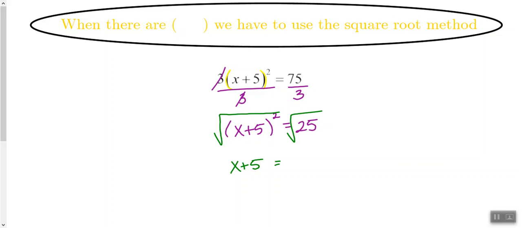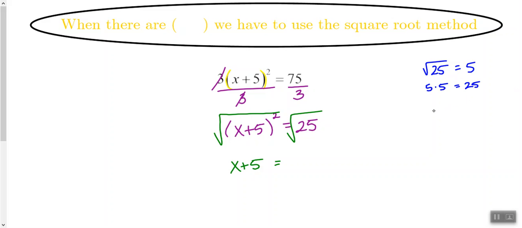equals. Now here is something very important everyone always forgets. If I were to ask you what is the square root of 25, you would tell me 5, which is half correct. The square root of 25 equals 5 because 5 times 5 equals 25.